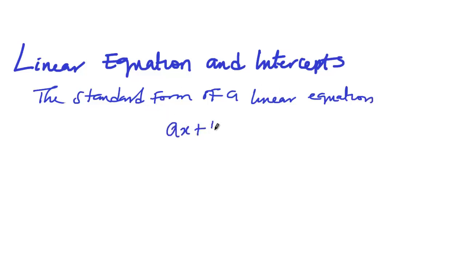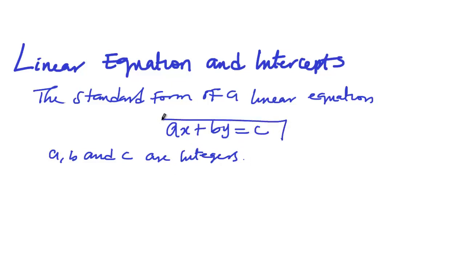Ax plus by is equal to C. So in this case, a, b, and c are integers. All right, they are integers. So this is the standard form. In case there is a question that requires that we express it in standard form, this is the standard form of a linear equation. So now let's quickly look at what intercept is.